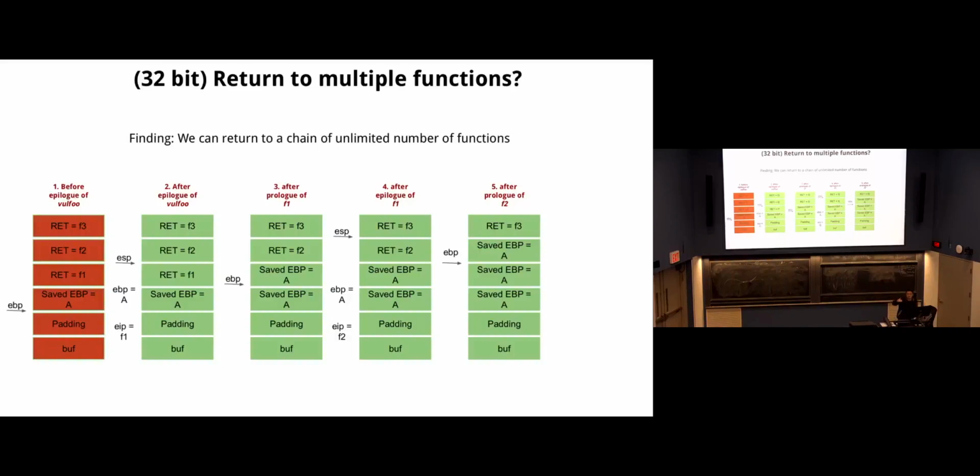We can return to an arbitrary number of functions, right? This is from maybe the third class. I showed you this. But if there are parameters, we cannot chain them together. First of all, this is a 32-bit one.